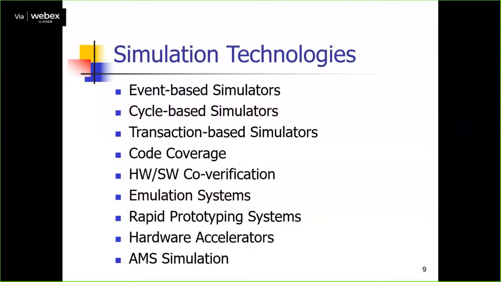Maybe in tomorrow's session, I will describe more on rapid prototyping systems, where I look majorly at the IPs which are considered at an early stage and at a final stage for equal verifications. So accelerators, there is a major end we look for also.